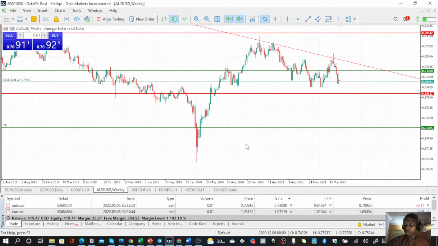Market structure, support and resistance. Excellent. You are following. That's great. Awesome. Yeah, trade structure. You should be able to know your entry and exit level.